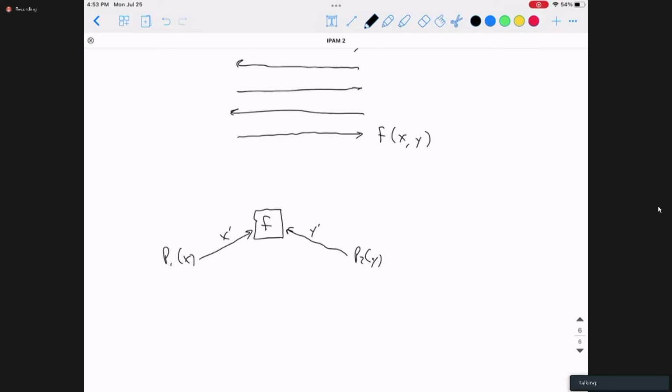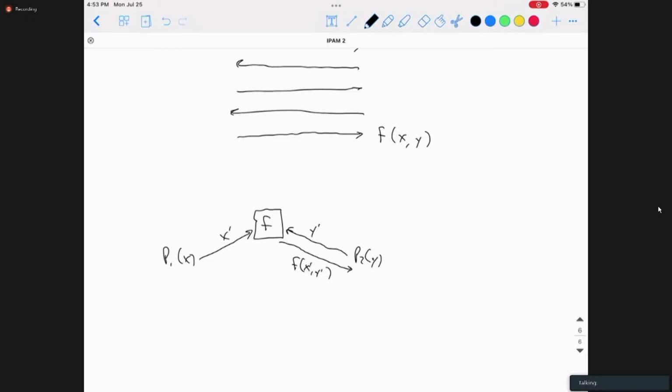Regardless of what values those parties send, this trusted external functionality will evaluate the agreed upon function f on the two inputs and return the output value f(x', y') to P2. Okay? So there's no protocol here.